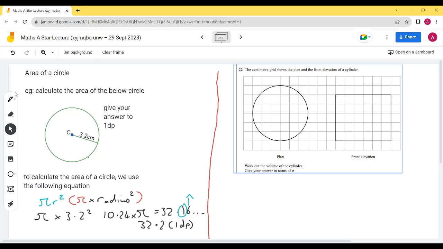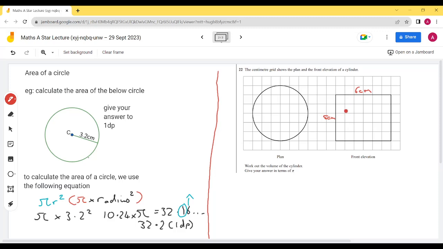Well, we've got two shapes here which make up a cylinder. We're told it's a centimetre grid, which means, for example, we've got a rectangle here which is 5 centimetres up, because we've got 5 squares, and 6 centimetres across.